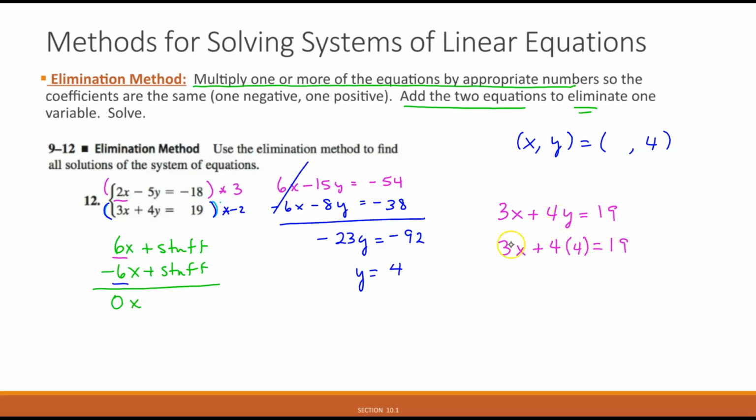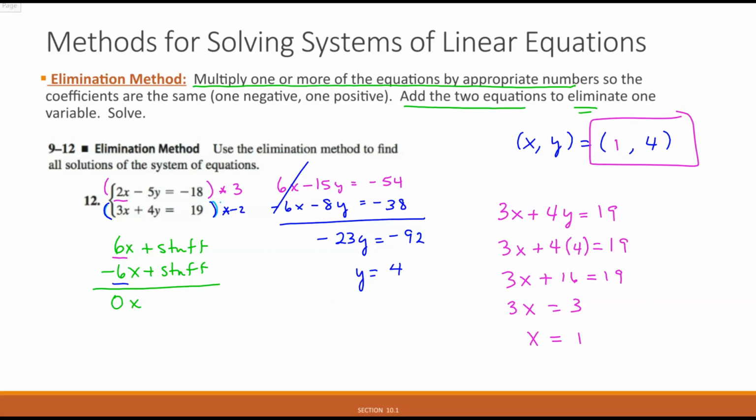So we're just going to substitute in y is equal to 4. That would give us 3x plus 16 is equal to 19. 19 minus 16 would give us 3, and so x is equal to 1. And there's our ordered pair, an xy value that satisfies both equations at the same time.